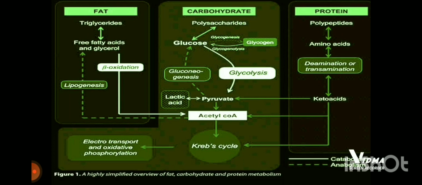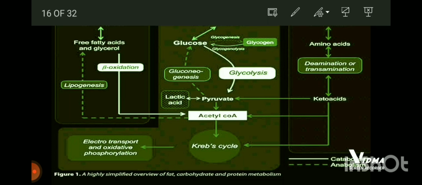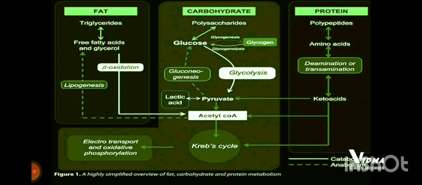If we see this figure carefully, all these three pathways finally go to the endpoint of acetyl coenzyme A. Fat goes via beta oxidation to acetyl coenzyme A. In carbohydrate, glucose from glycolysis finally goes into the end product acetyl coenzyme A. Same in protein, from polypeptide, amino acids by deamination or transamination go into acetyl coenzyme A, and acetyl coenzyme A finally goes into the Krebs cycle.